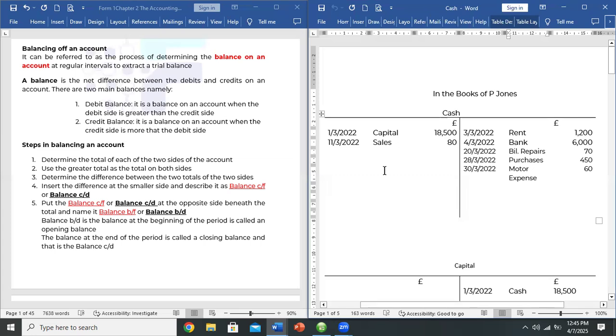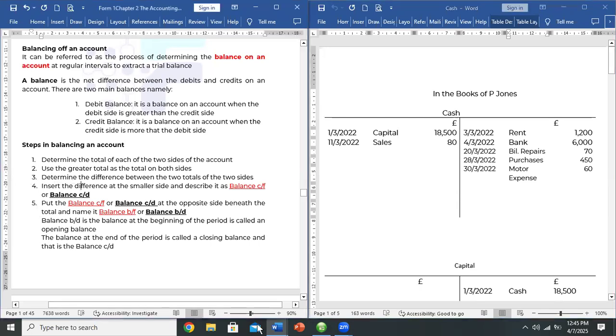Sure. Now, how do you balance an account? To balance an account, you have to go through these steps that are outlined here. So we'll take them one after the other. So the first person should read the first step for me, and that will be Professor Austin Akoli.